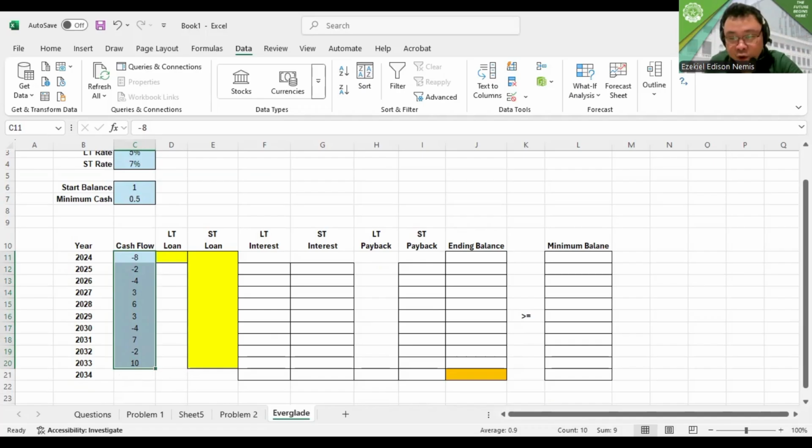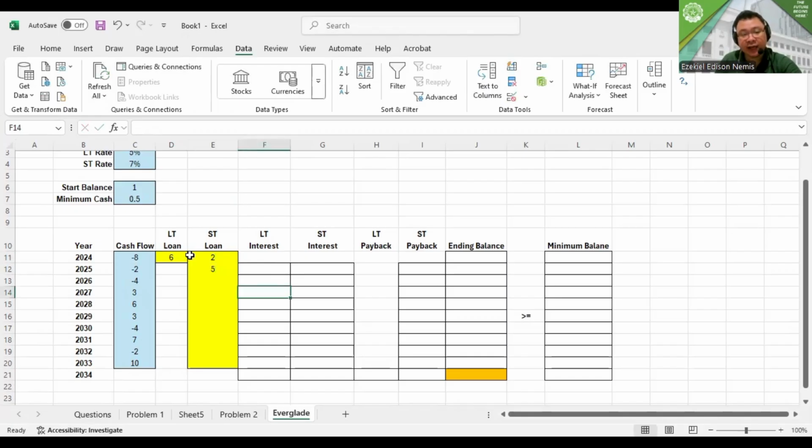For you to remember the formula, we have to do this step by step. First things first, we need to enter the loans. The given long-term loan is 6. Also, they gave us two short-term loans, which are 2 and 5.